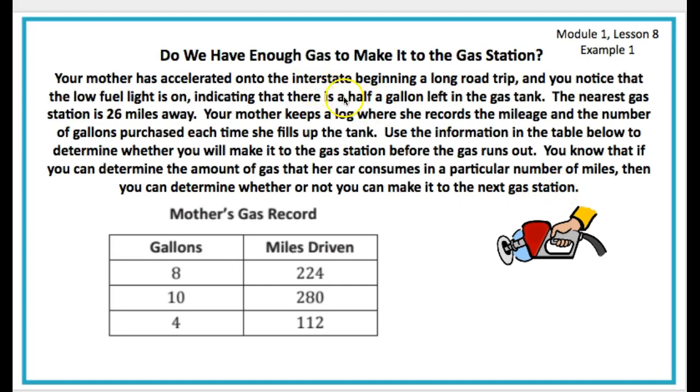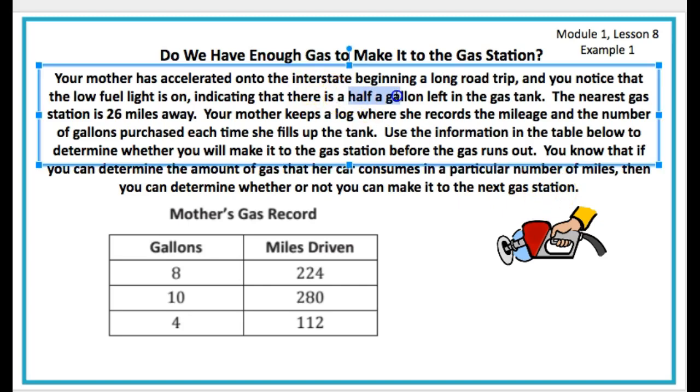So what do we know in this problem? Well, we know Mom has half a gallon in her gas tank. Okay, so we'll underline that information. The nearest gas station is 26 miles away.